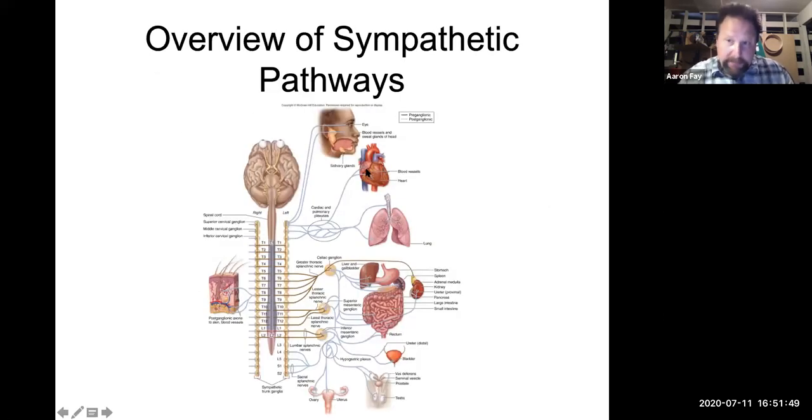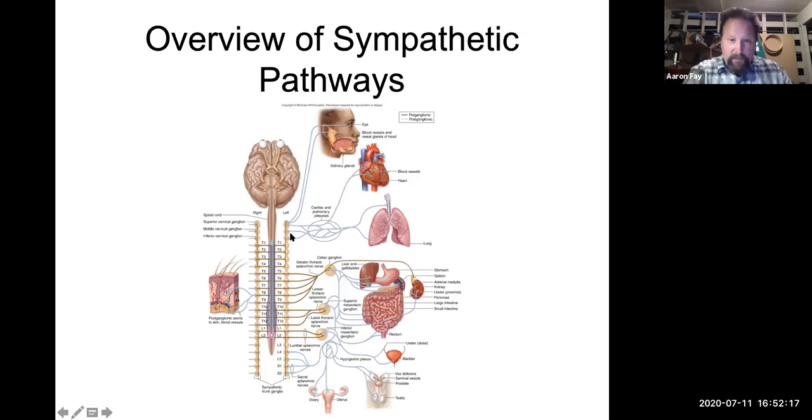Remember last time in the parasympathetic, up here, we had our parasympathetic in the brainstem and in the sacral portion of the spinal cord. Now, when we're looking for those preganglionic neuronal cell bodies, they're going to be found in the lateral gray horns, in the thoracic and the superior part of the lumbar portion of the spinal cord.